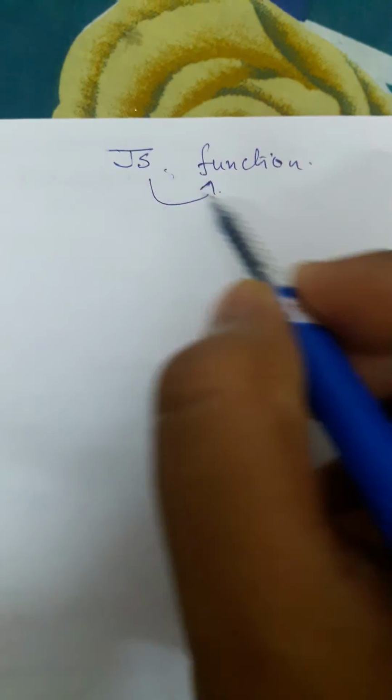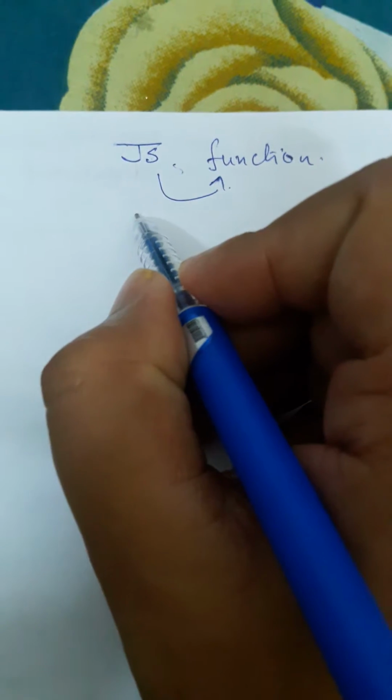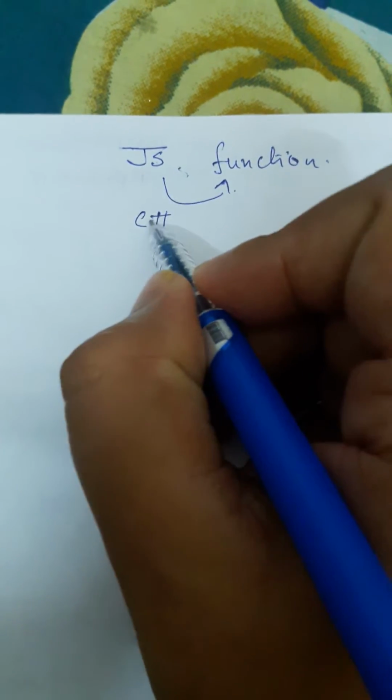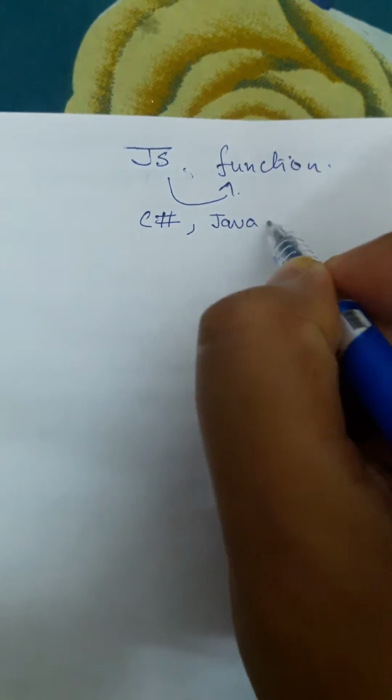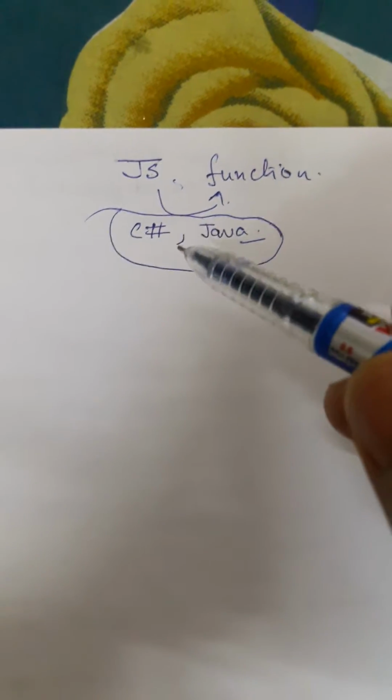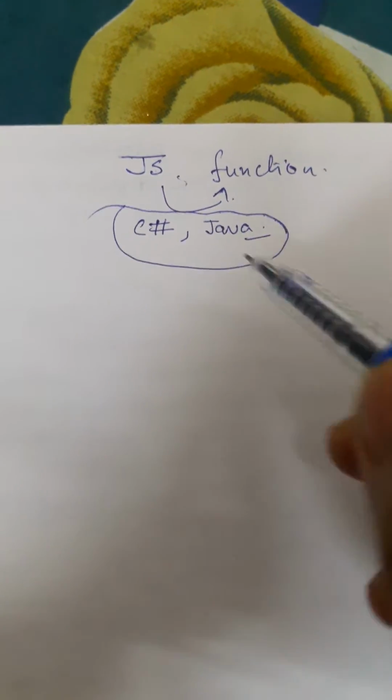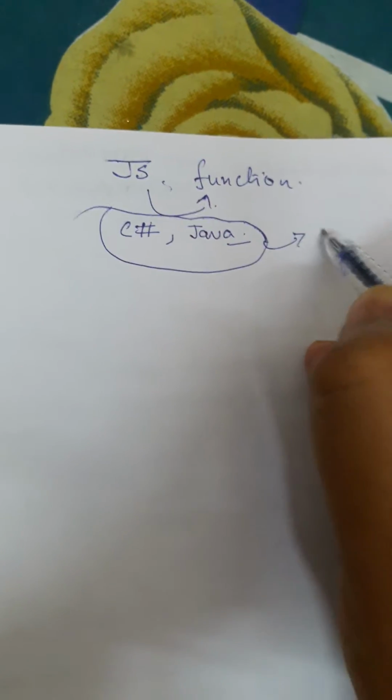So JavaScript is not very similar to programming languages like C# or Java. It is kind of different from these categories, right? Here the minimum abstraction level of this type of language is the object.